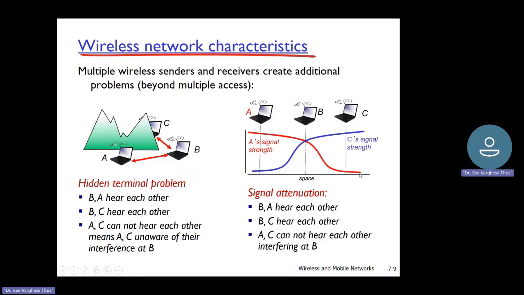So it's the strength of A that can be seen by B and that can be seen by C. This is the RF strength of C, which can be seen by B as well as A. Now we can see that if this is zero at this particular point, we say that A is not able to see or observe that C is present. Likewise, C is not able to visualize that A is there.